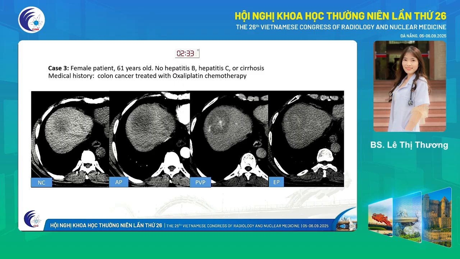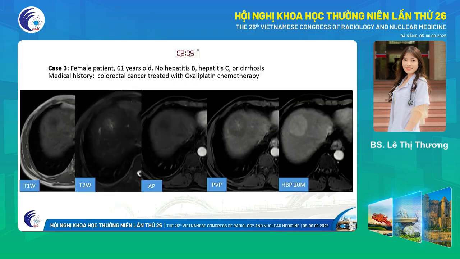For example, a female patient, 61 years old, no hepatitis or cirrhosis, but the patient has colon cancer treated with oxaliplatin chemotherapy. On CT scan, we can see the lesion hypodense pre-contrast, in arterial phase and venous phase. This lesion shows gradual enhancement from center to periphery, accompanied by dilation of the central lobular venous branch.